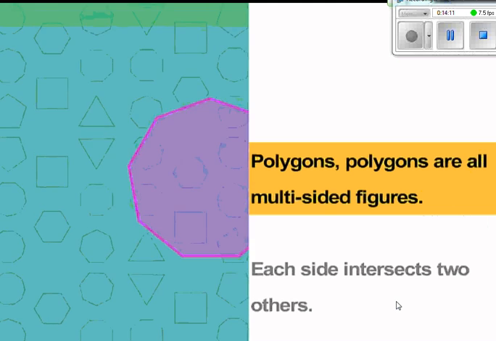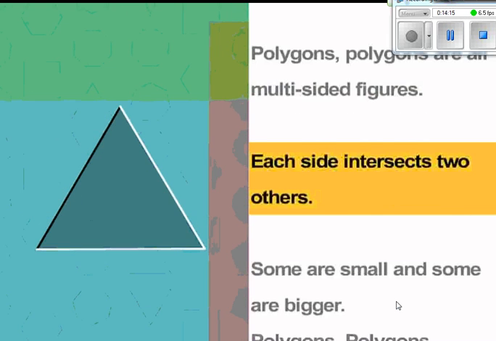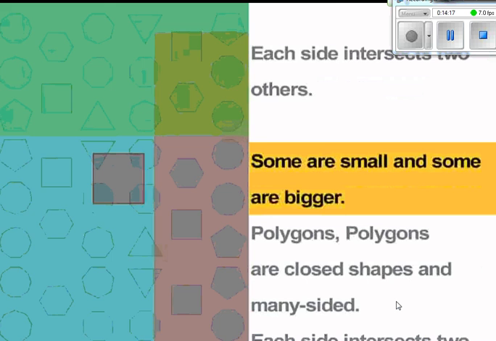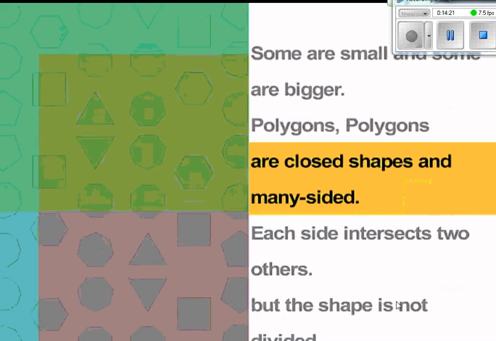Polygons, polygons, all are closed-sided figures. Each side is a two-point line, some are small and some are bigger. Polygons, polygons, are both shapes of any sides.